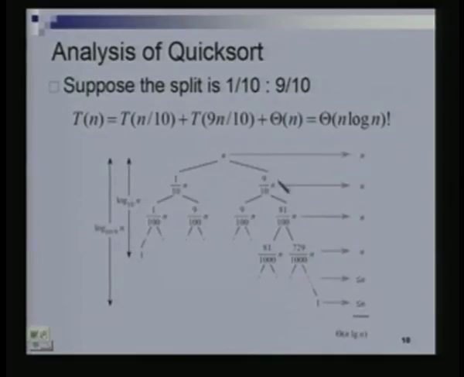And this 9n by 10 also gets divided into 9n by 100 on one side and 9/10 of this, which is 81 by 100 n, on the other side. How much time did it take to partition this into this and this? N by 10 elements, and so the total time for this level is still n. So similarly, the total time for every level will continue to be n, but now how many levels do I have?